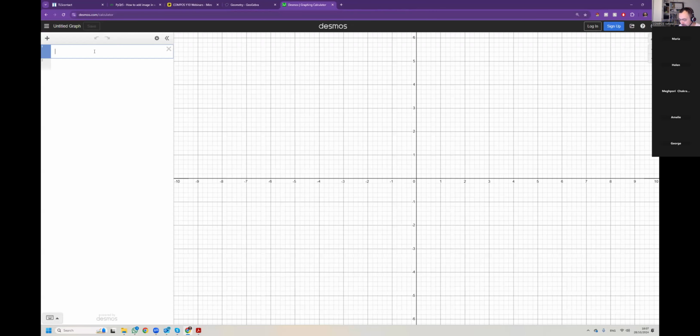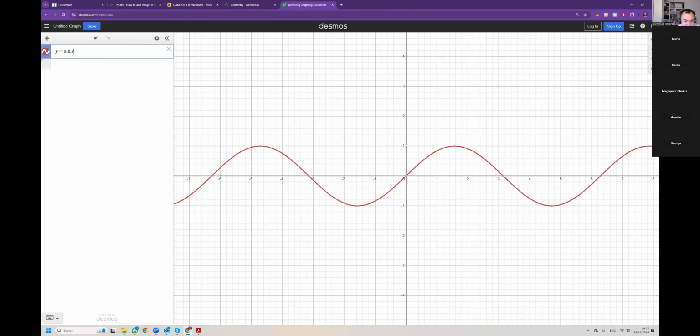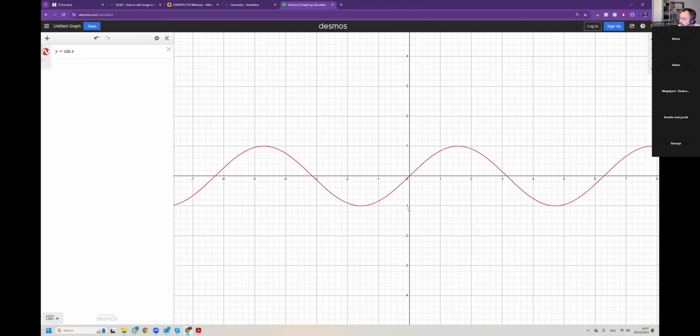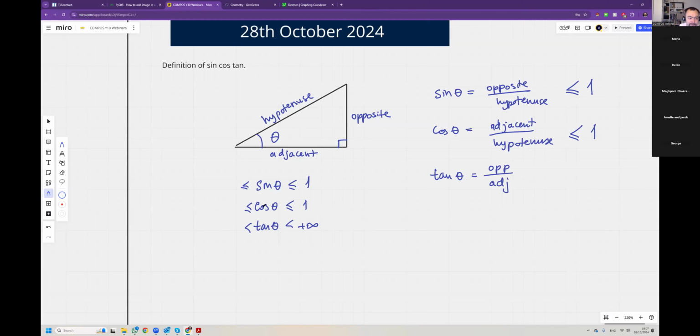So y equals sine x. You see, sine x oscillates between 1 and -1. Okay, George, are you convinced that the lower limit is -1? Yeah. Okay. Cosine is the same, and tangent minus infinity.